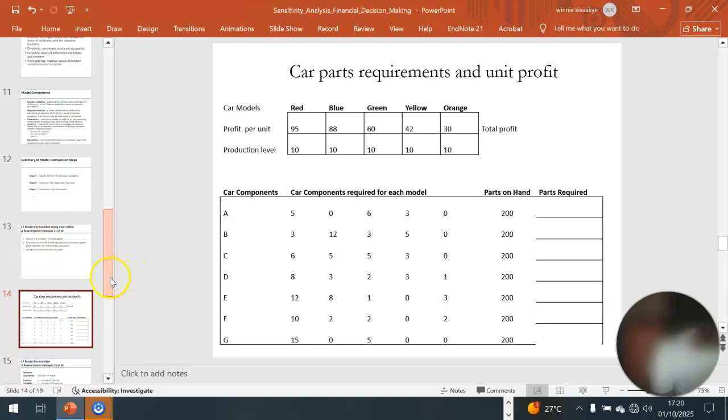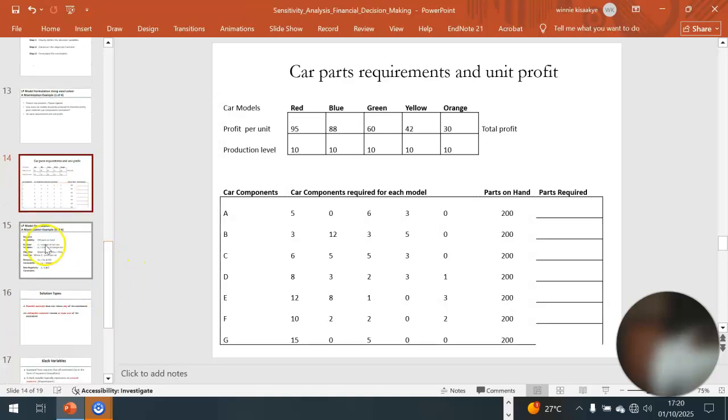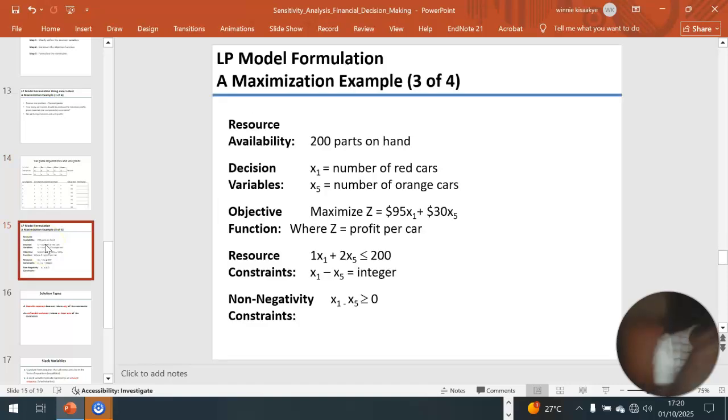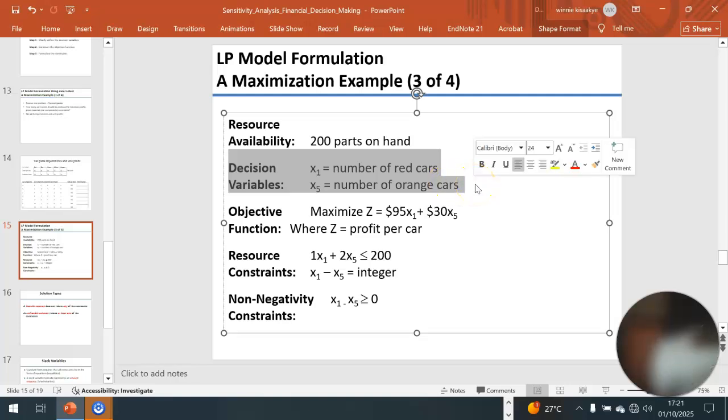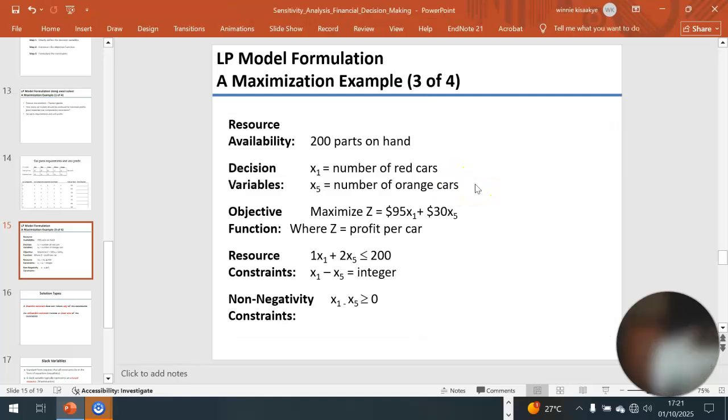So before we can go ahead to compute that, we see here the resource availability. It means that our limitation is set to be at only 200 parts. So the decision variables are the car models, the levels of production of the various car models from X1 to X5.